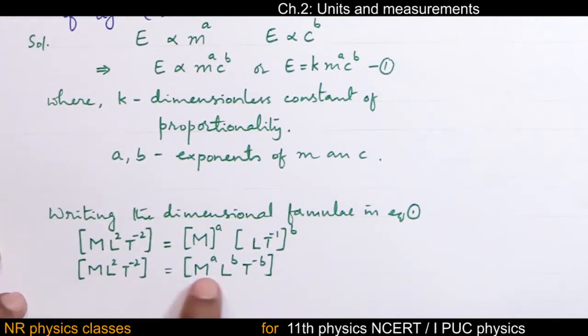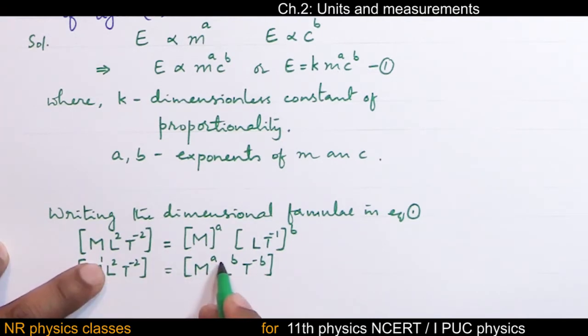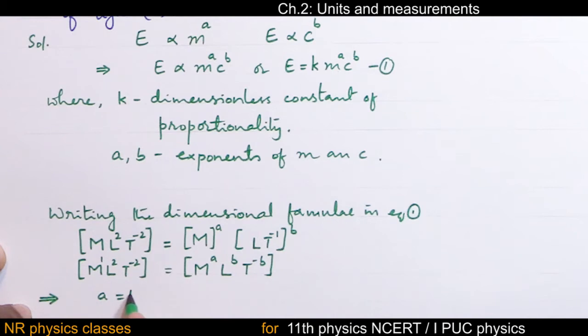If the left hand side equals the right hand side, then the corresponding dimensions must be the same. This implies, observe carefully, M^A and M^1, so 1 should be equal to A. So A equals 1. L^B and L^2, therefore B must be equal to 2. Just check: minus B is minus 2, implies B equals 2.